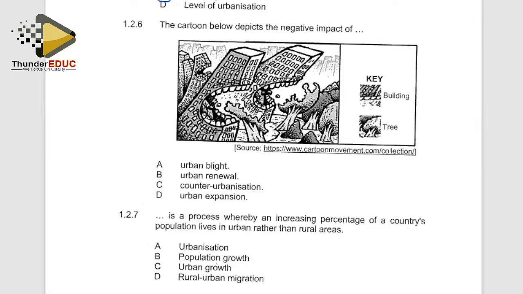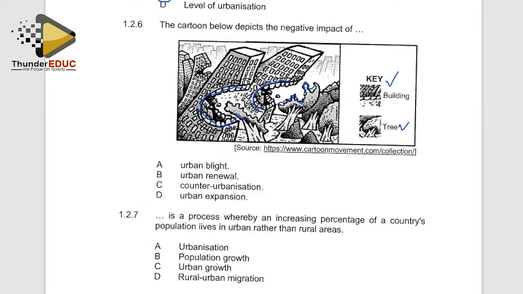Then 126 says the cartoon below depicts the negative impacts of, let's analyze the cartoon. We can see that this is a representation of buildings and these are trees. We are seeing a building which is portrayed to be consuming the trees, like these trees being eaten up by this building here. What scenario is being depicted here?